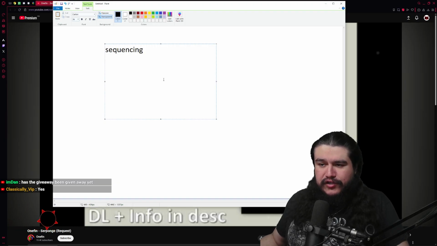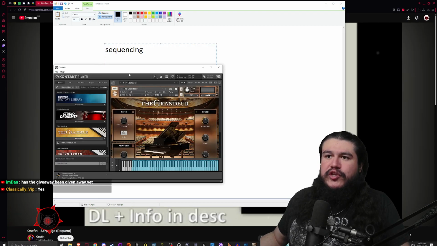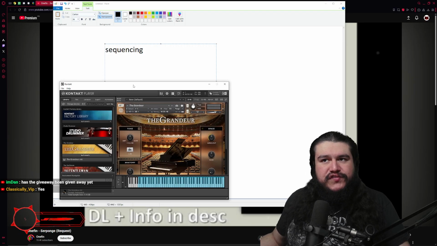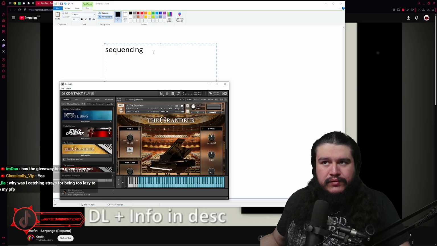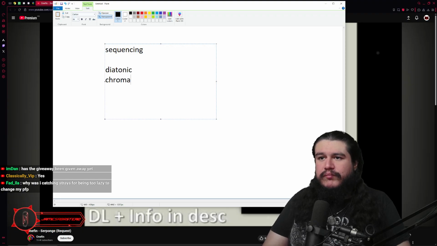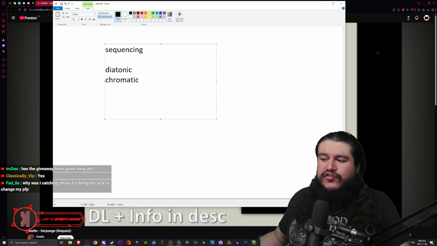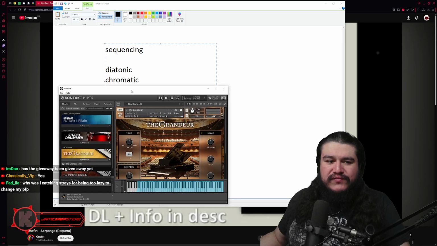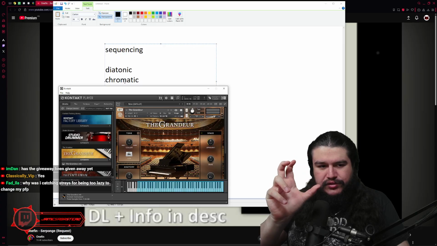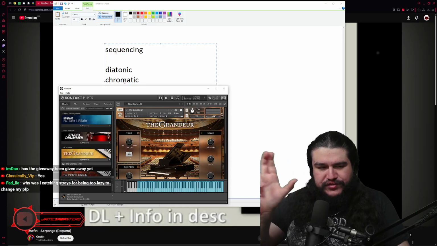And of course we did some sequencing. Sequencing is another way that you can develop your material, which is when you repeat a melodic shape somewhere else in the scale and just keep the same shape. There are 2 ways you can do this. One of them is diatonic, and the other one I think is called chromatic. Diatonic means that you're staying within the scale that you have, and chromatic just means that you're repeating the exact same shape with the other stuff.